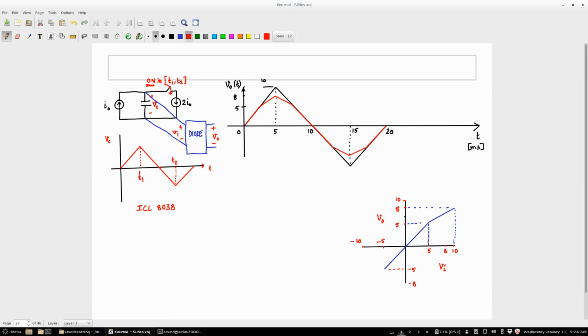And similarly for the negative side also, this is minus 5, and then you will have say a minus here somewhere, right? And say this is minus 5.